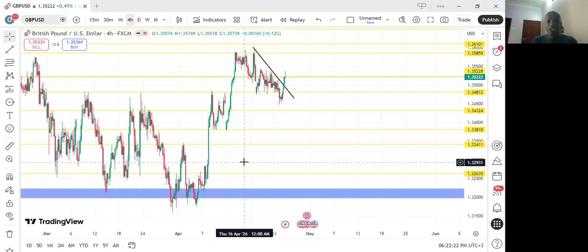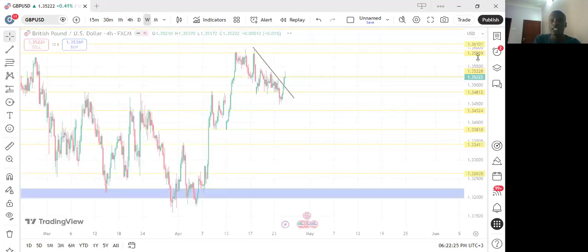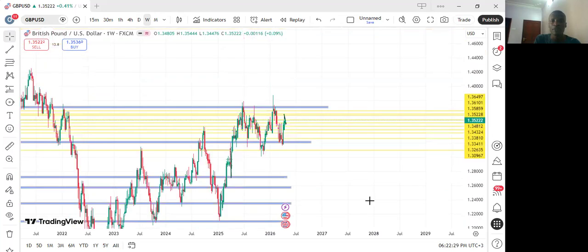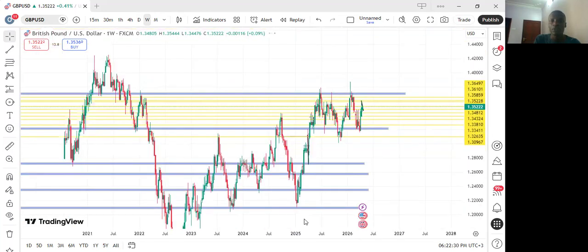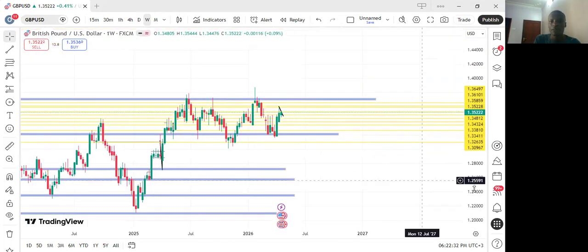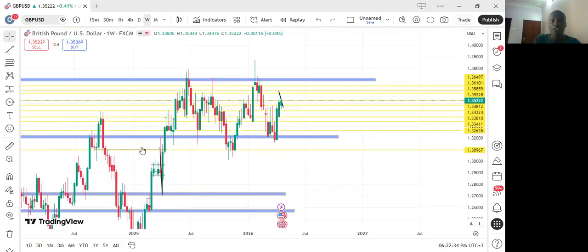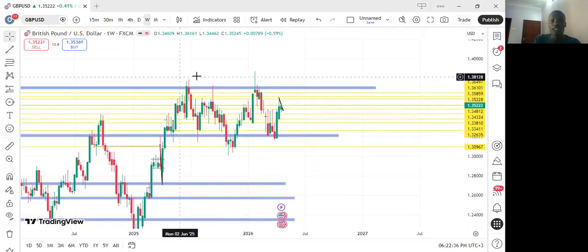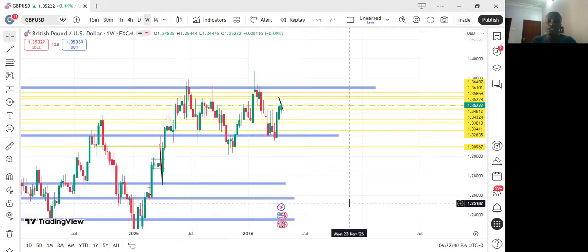That's their relationship. So for this case, we can notice that GBP USD on the weekly time frame is also ranging due to price pushing back up here, down, up. So it's the same thing. If DXY is ranging, GBP USD will range.